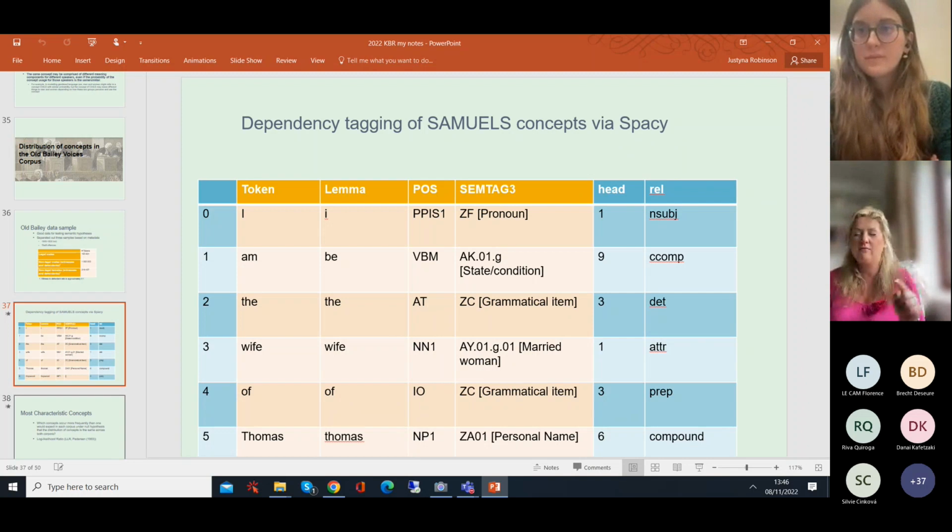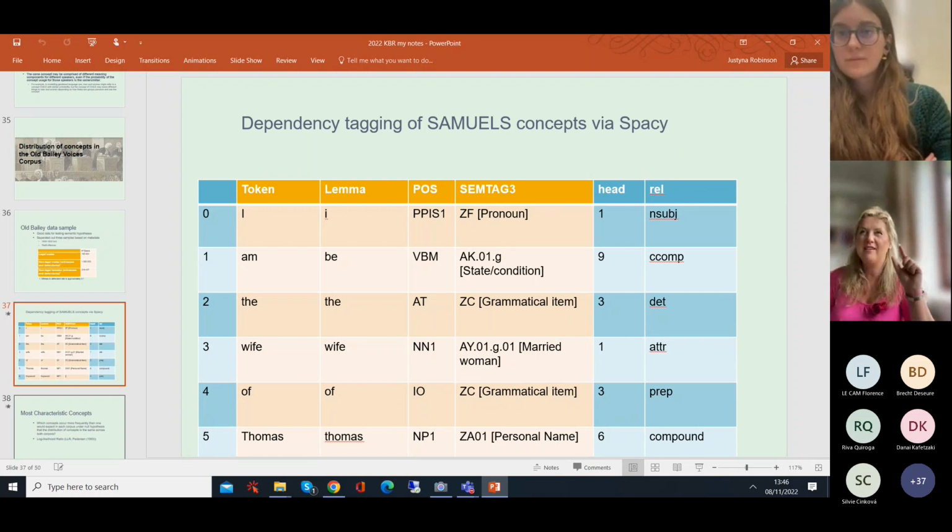So just to repeat that in a different way, the text that is just a paragraph of, let's say, somebody's testimony from the Old Bailey corpus was turned into a text of concepts with all the underlying information related to words, such as the position in the sentence, part of speech, and dependency.